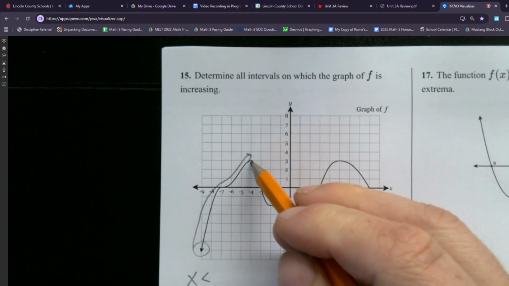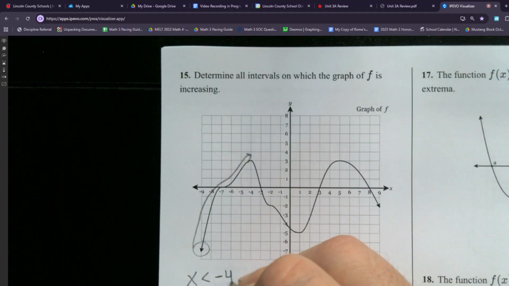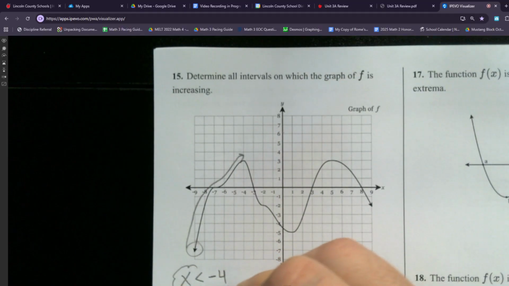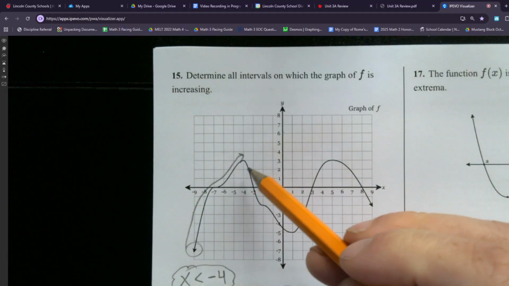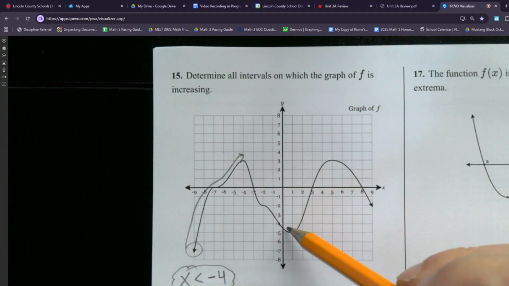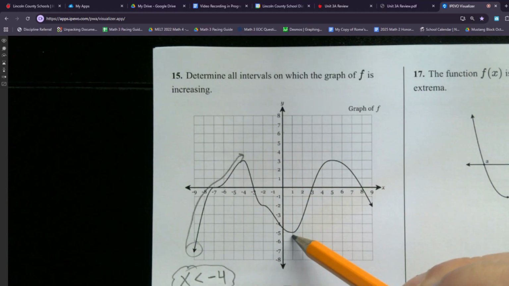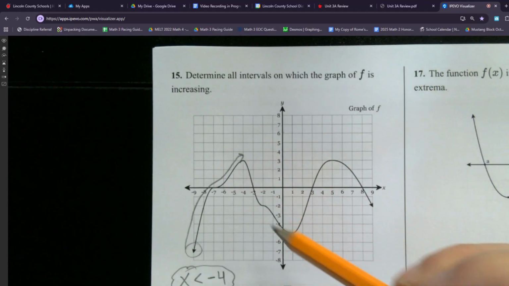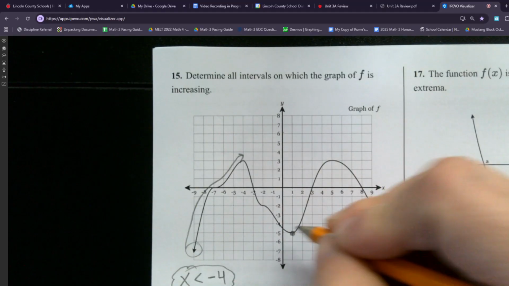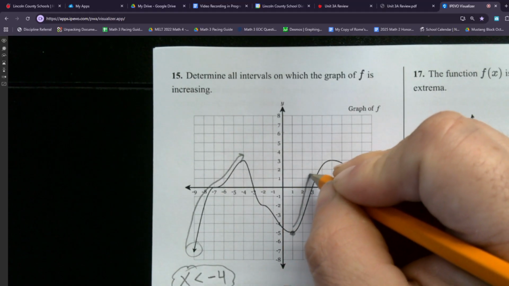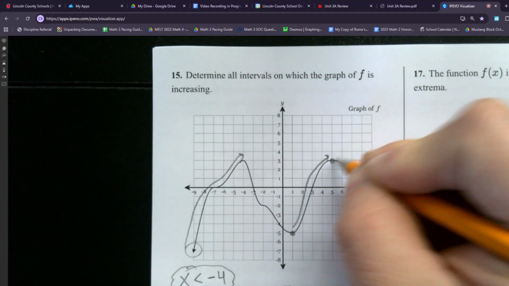And it's increasing until it gets to -4, so there's one of my intervals. Now, it's decreasing here because it's got a negative slope, so we know this is not what we're looking for. Once I get here, it does go back to an increasing interval between those two x values.